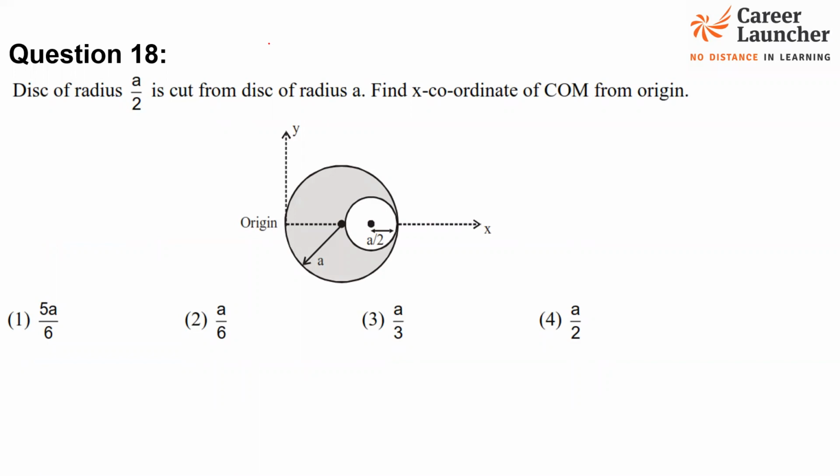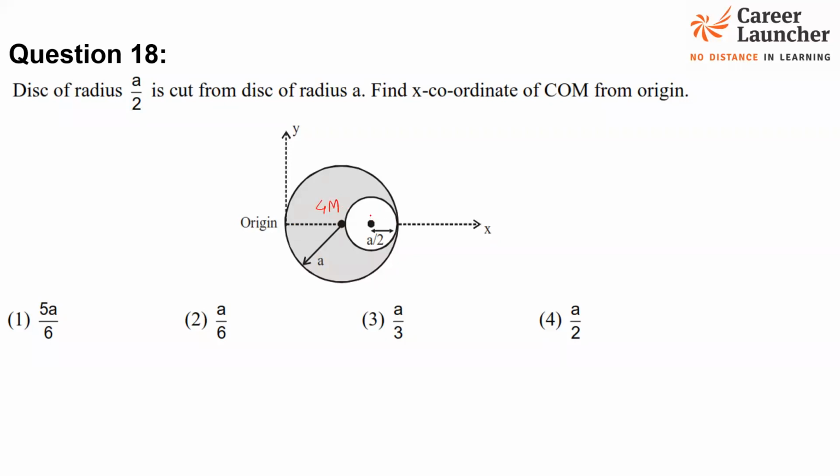Again, a very standard problem here, because this is something which is definitely done when you study center of mass problems. If you have a disk, then you know that mass is distributed over the area, and the area ratio is 4:1. So I can simply say that I can let the total mass be 4m.